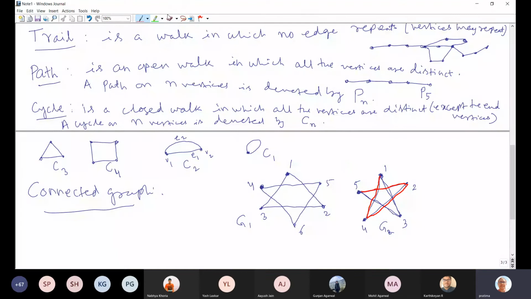But in the definition of a connected graph, only one path will do.